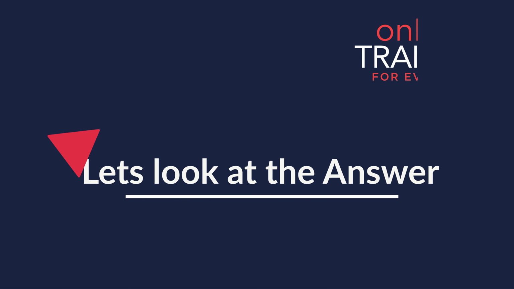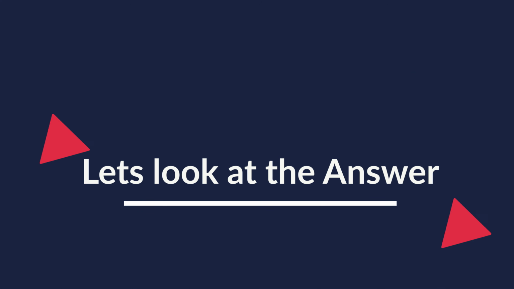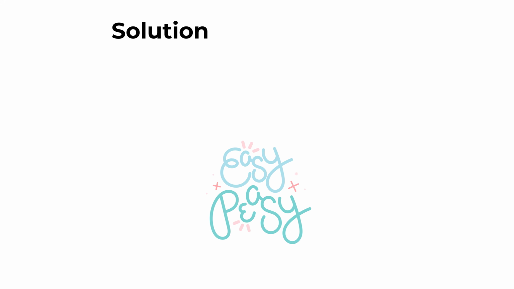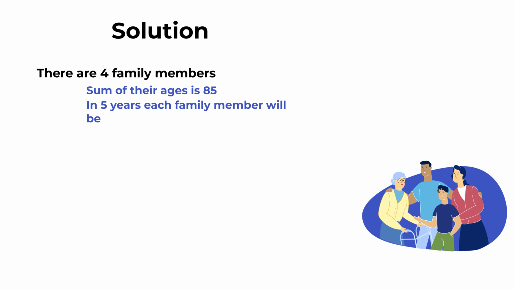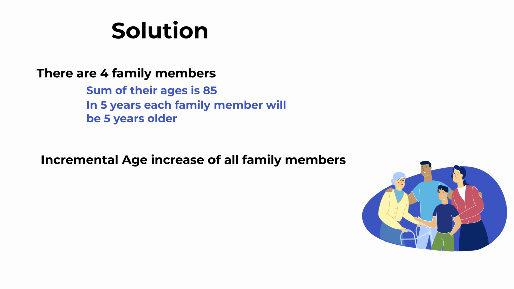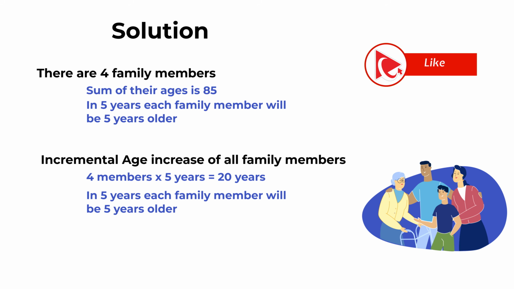What's interesting about this problem is that it is simpler than you think. So the key here is not to overthink the problem. There are 4 family members, and the sum of their ages is 85. And in 5 years, each family member will be 5 years older. So the incremental age increase for all family members can be calculated as 4 family members multiplied by 5 years equals 20 years.